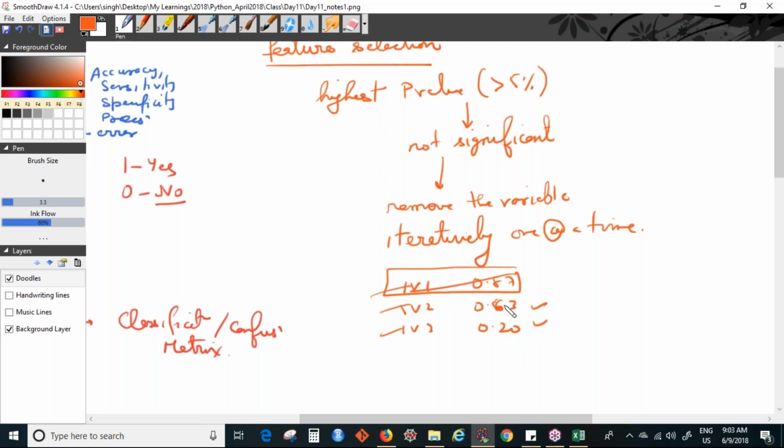If it is still above 5%, then again you remove one of them, and then you proceed again. So you do that iteratively and not together. You don't remove all three together. Okay, so that is the way to finally come up with the final model, which has all variables significant.